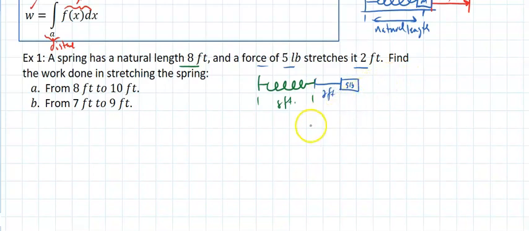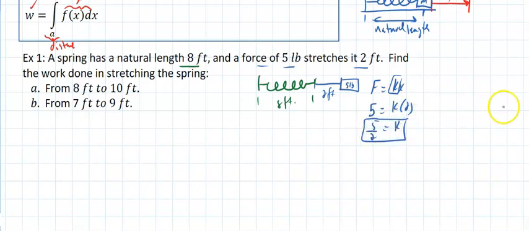So basically, you start with F equals kx. You always want to figure out how stiff or resistant this spring is. Well, 5 pounds stretches it 2 feet, so the spring constant is 5/2. And now we know that the force for this spring is 2.5 times x.